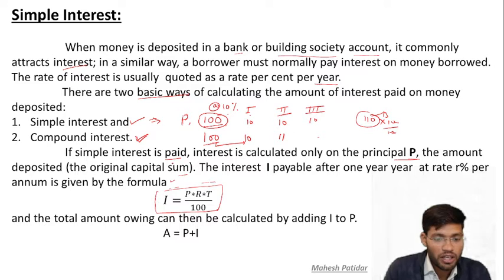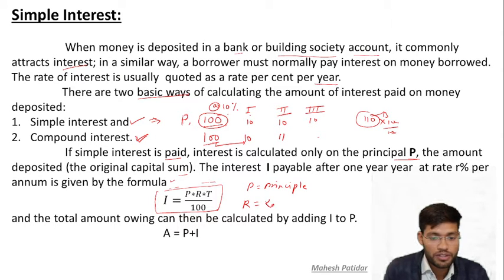Where P is the basic principal sum, R is equal to rate, T refers to time, and I is equal to simple interest.